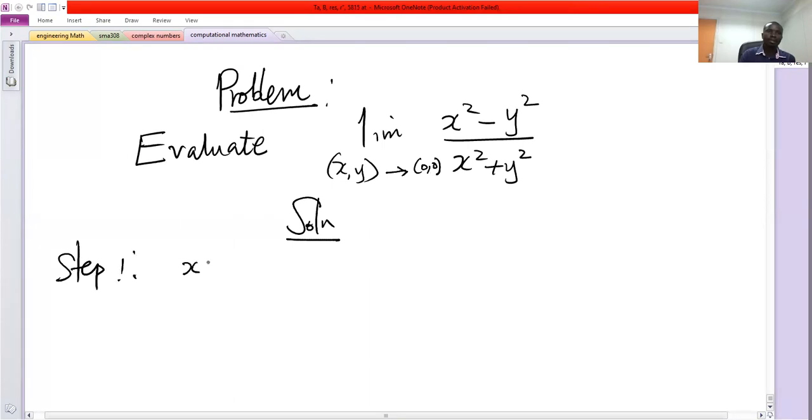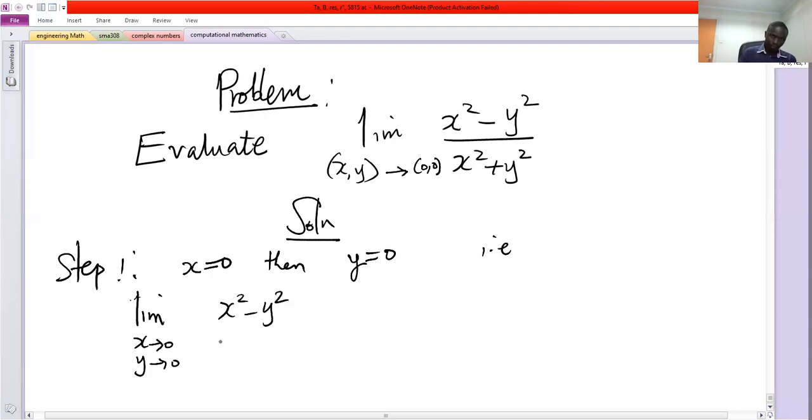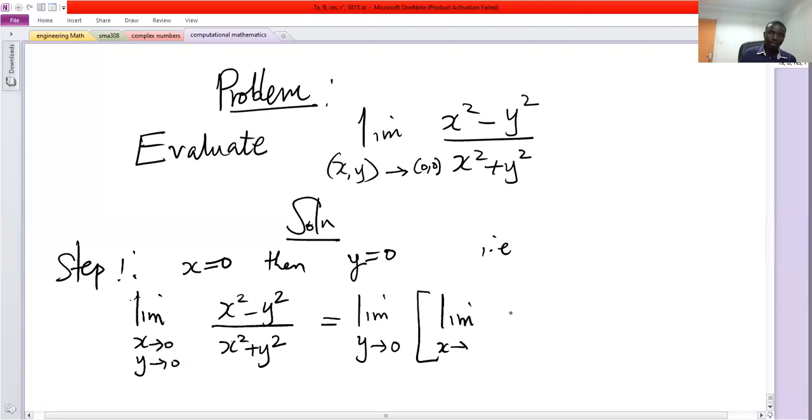is to start by replacing x equals 0, then y equals 0, i.e. the limit as x approaches 0, y approaches 0 can be written as the limit as y approaches 0, then you put in brackets the limit as x approaches 0 of x squared minus y squared over x squared plus y squared.